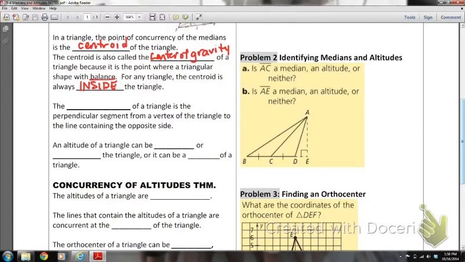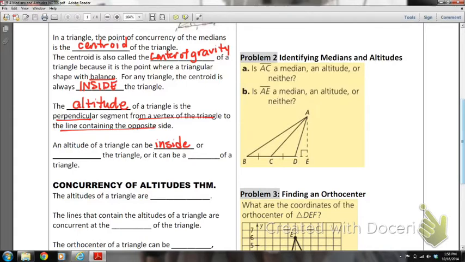The next point of concurrency that we're going to talk about is the point where the altitudes meet. So the altitude of a triangle is the perpendicular segment from a vertex of the triangle to the line containing the opposite side. Now, in this particular instance, the altitude of a triangle can be inside the triangle if it's an acute triangle.